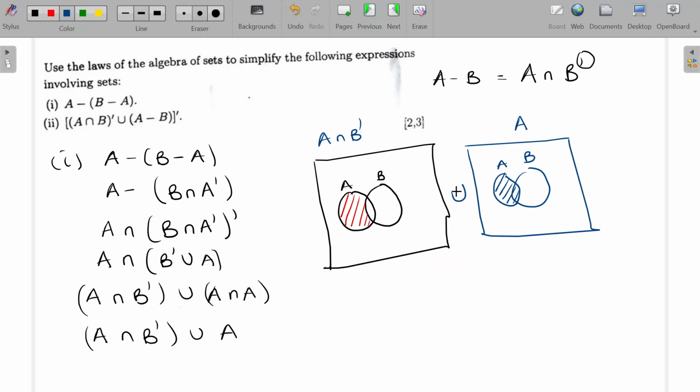When you put these two together, you get what was shaded here, and you also include this other part of A. As a result, the entire set A is shaded, meaning our answer here is A. Are we together?